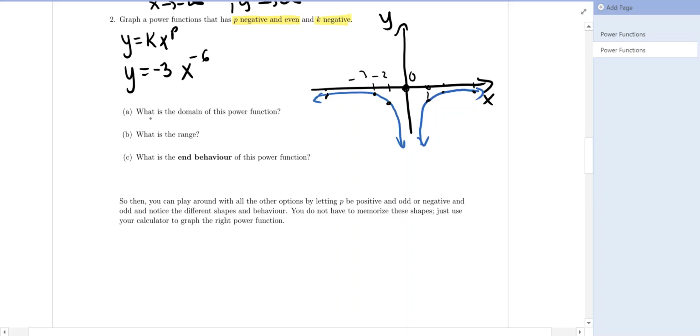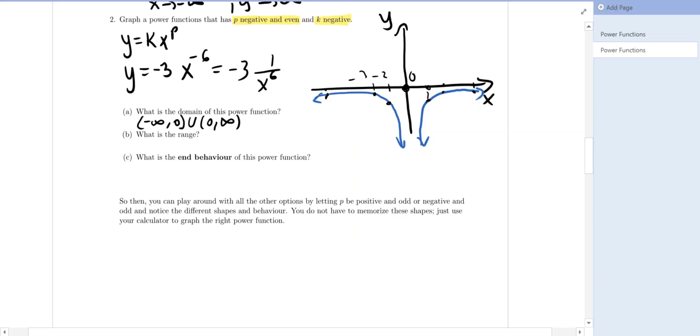So you can write this as negative infinity to 0, parentheses, not including 0, union 0 to infinity. And this is because, as you saw in the review for rules of exponents, I can write x to the negative 6 as 1 over x to the 6.